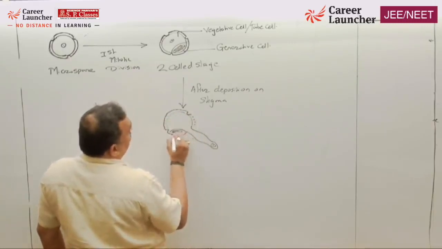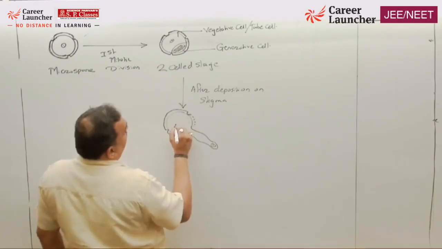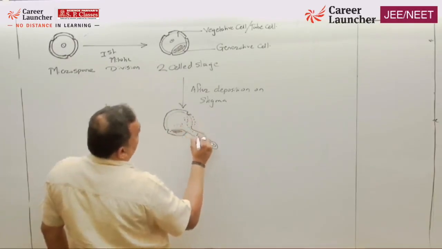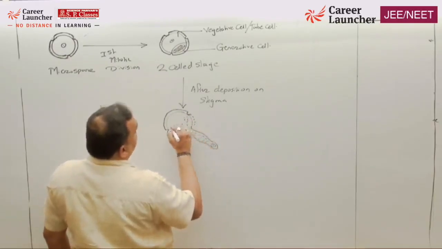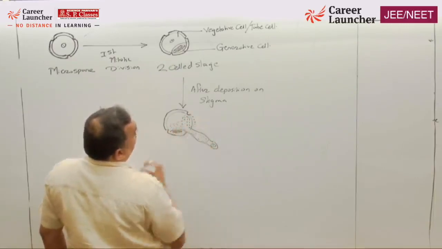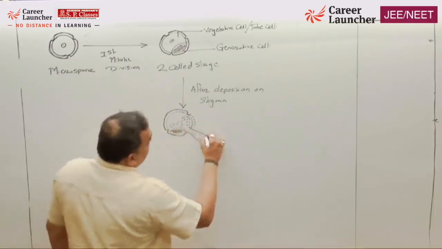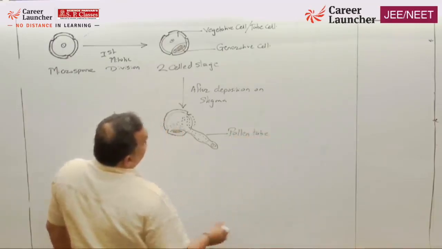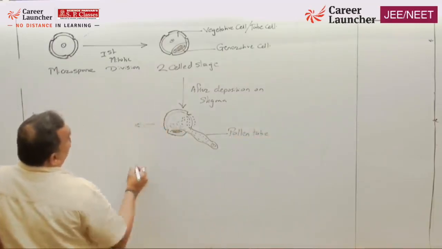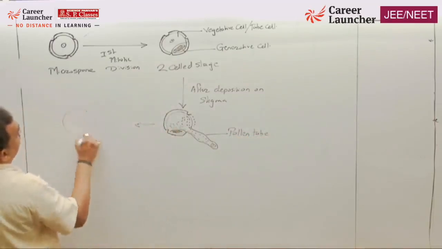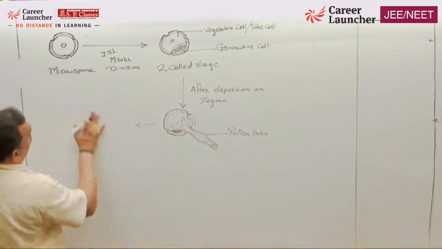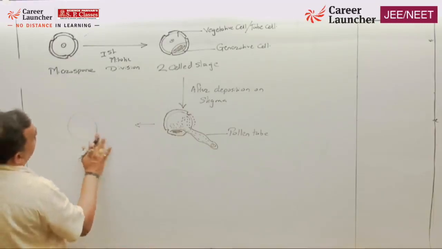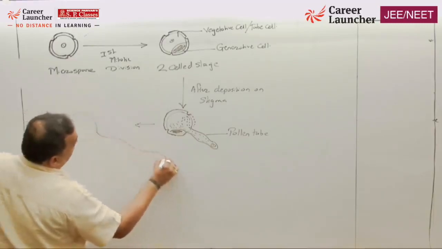The generative nucleus will be over here and the cytoplasm must be pouring inside. Yes or no? ठीक है ना? So what this is? This is pollen tube, right? And the last, what will happen? You will see that the pollen tube has elongated. Yes or no?